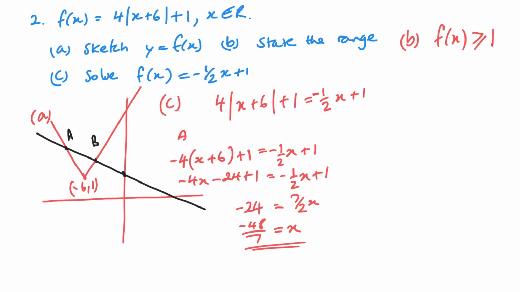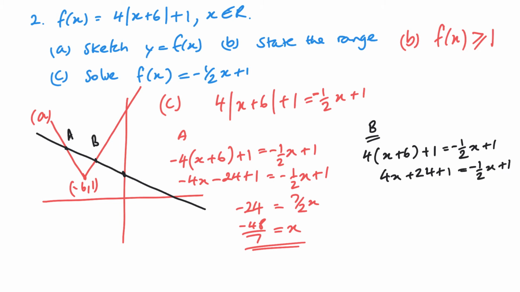So I just had to make some room there. And then let's look at finding coordinate B. So this one is where the modulus sign doesn't affect the graph. And then we have it, so 4x plus 24 plus 1, half x plus 1.